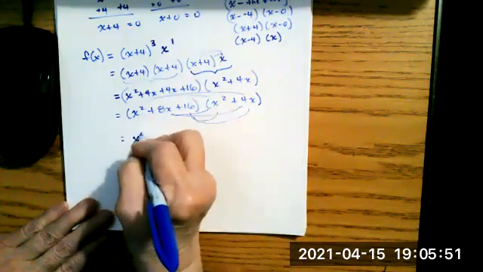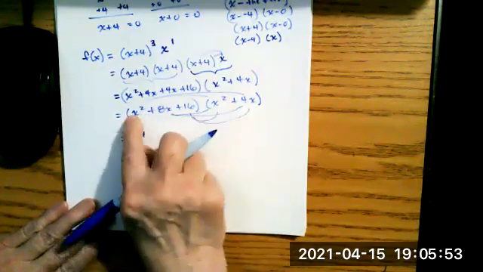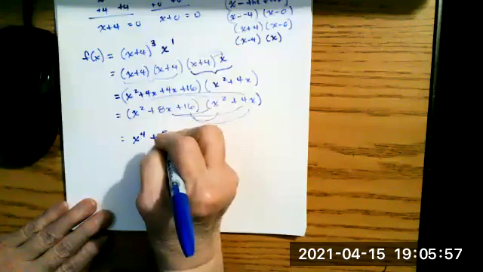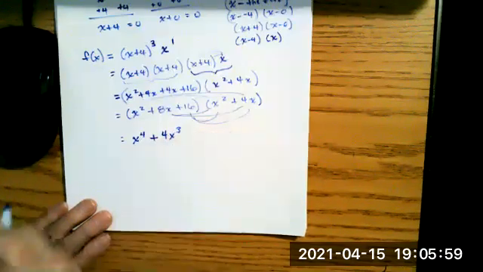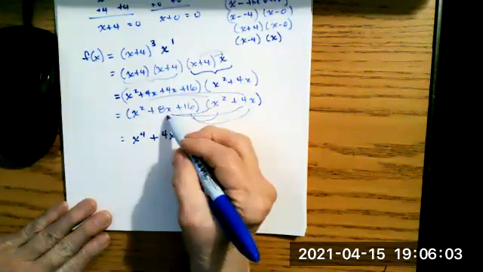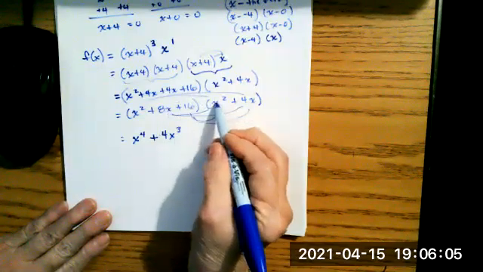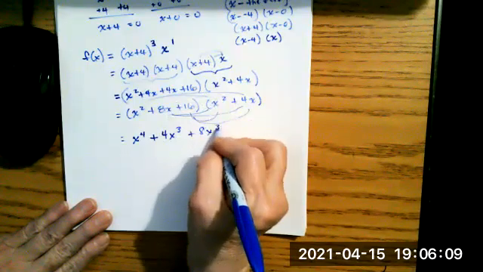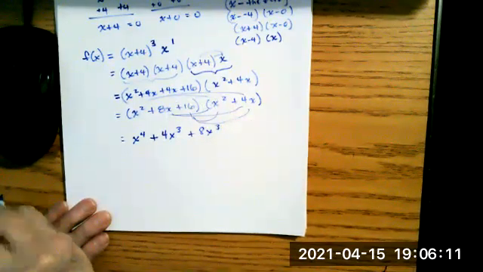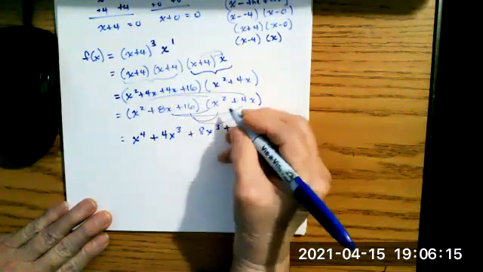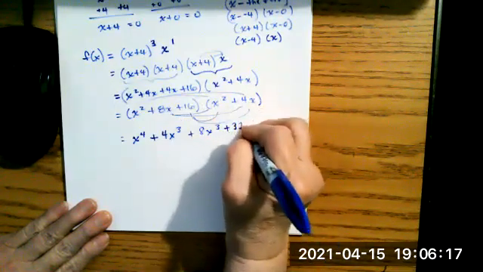That's x to the 4th. Then I'm going to do x squared times 4x. That's 4x to the 3rd. Then I'm going to do my 8x times my x squared. That's 8x to the 3rd. Then I'm going to do my 8x times my 4x, and that's going to be 32x squared.